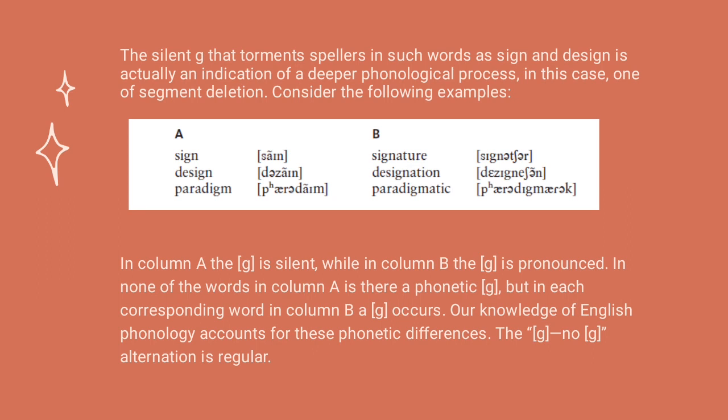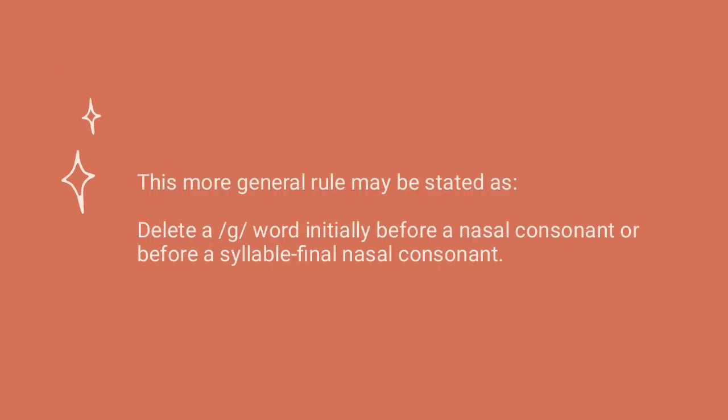So I would like to give an example. The alternation is regular and we apply it to words that we have never heard. Suppose someone says, he was a Selignan man, not knowing what the word means, which we couldn't since we made it up.